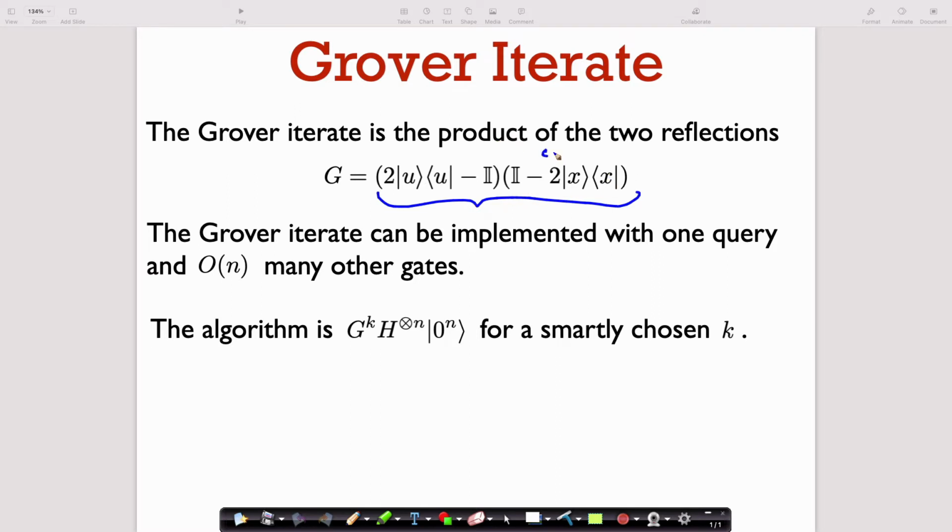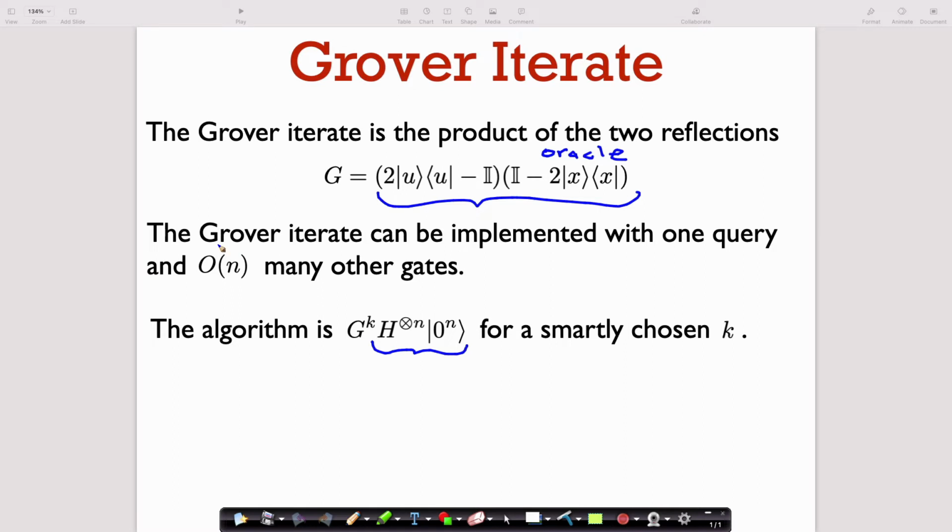This is just our oracle, and this one is a reflection about the uniform superposition. The product of these is going to be a rotation. We call that the Grover iterate G. Our algorithm is just going to be to create the uniform superposition, and then apply this Grover iterate k many times for an appropriately chosen k. And that's going to be the whole algorithm.